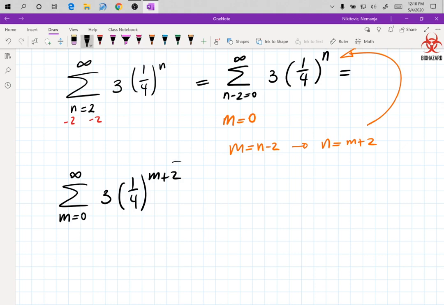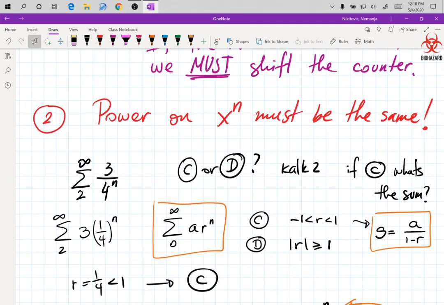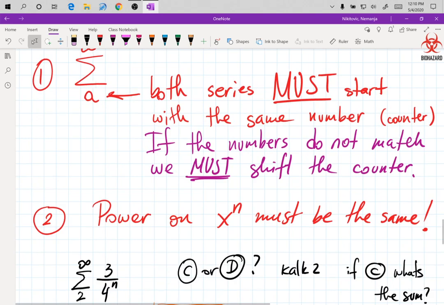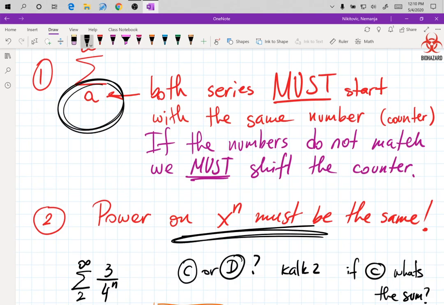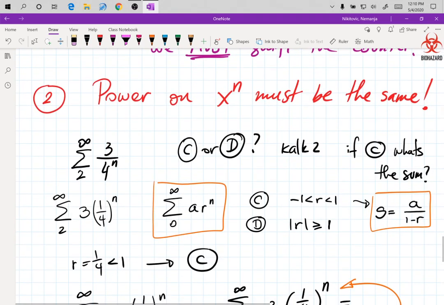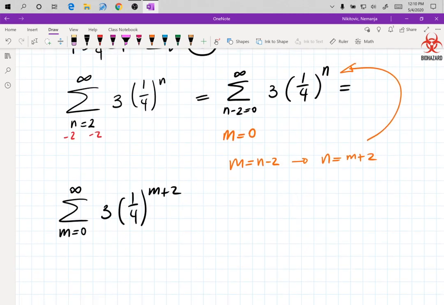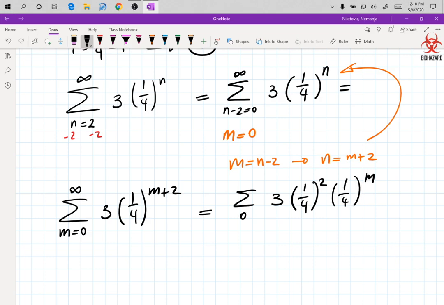Now, we have to peel off these, because remember what the second rule said. The first rule was make this into a 0. We did it. And now the second one is that all of these have to have the same power. Well, I need to go down to m only, which means that I have to peel off 2 of these to have this stay.